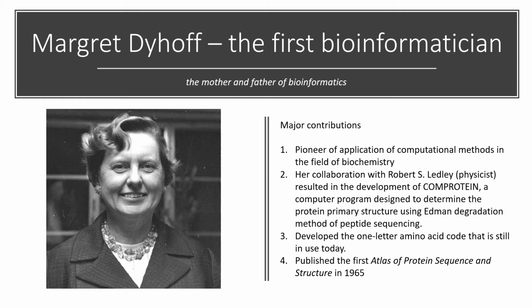They used to enter the fragments of protein, the sequence of amino acids, into the software, and the software used to give you the output of the primary structure of the protein, which is the amino acid sequence of that protein.